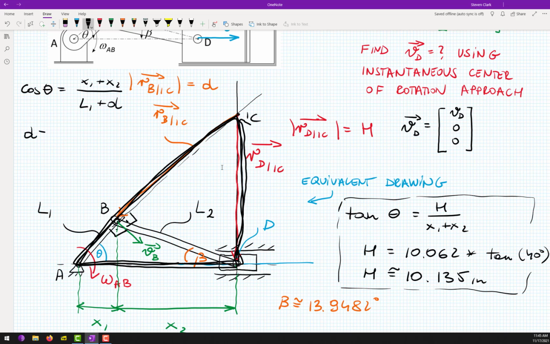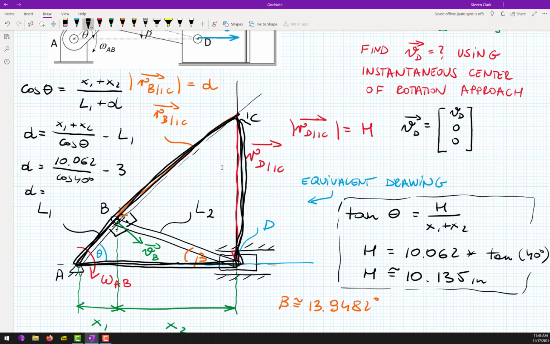So d is equal to x1 plus x2 divided by cosine theta, minus L1. Plug in values. d is equal to 10.062 divided by cosine 40 degrees minus 3 inches.